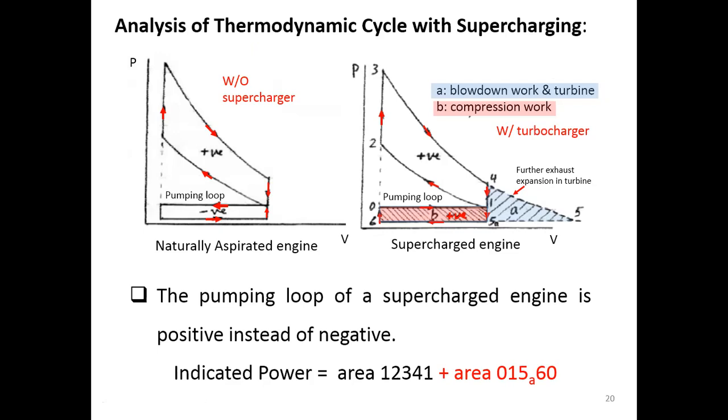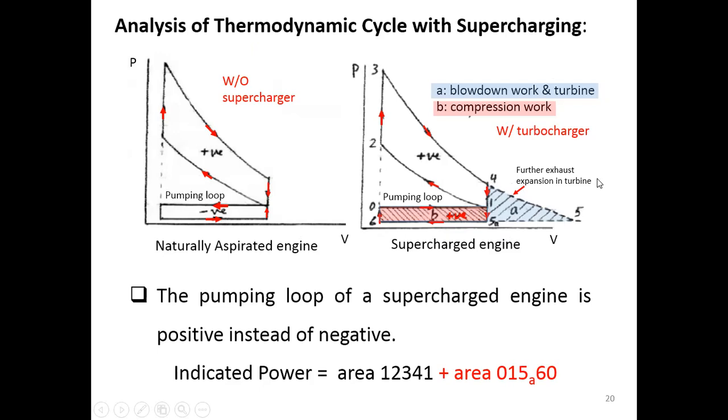These portions do not happen in the naturally aspirated engine, because we directly send the exhaust out to the ambient. But for this supercharged engine, the exhaust will flow to the turbine before it flows out to the ambient.